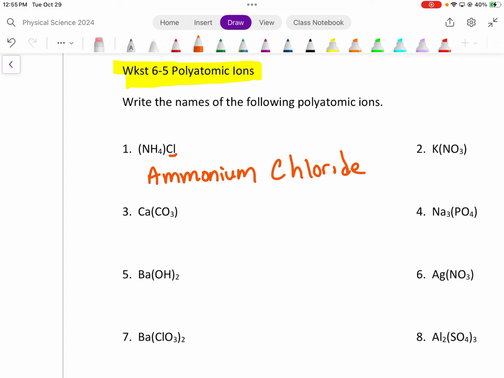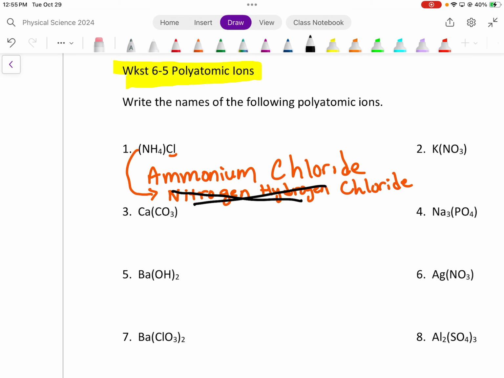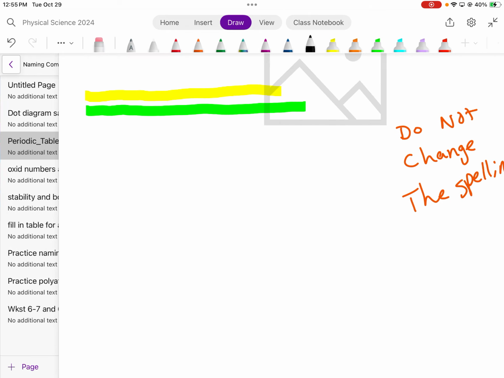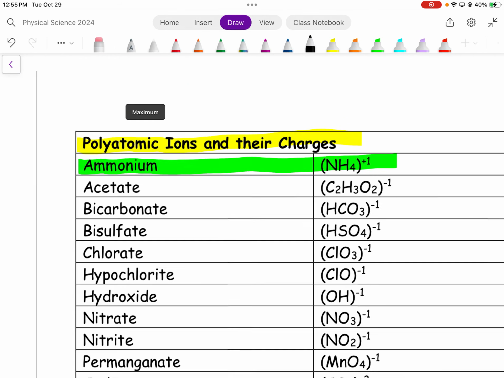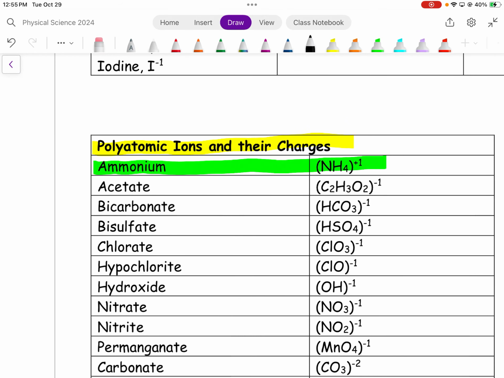Sometimes what students will do for the parentheses, they will do this. They'll call it nitrogen-hydrogen chloride. They will go and name the individual elements. That's not correct, because NH4, when they are together, NH4 is called ammonium.